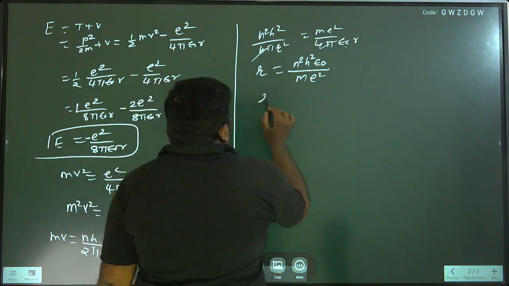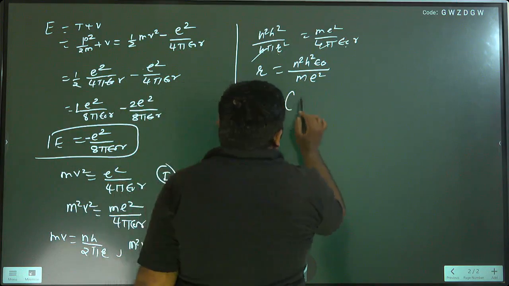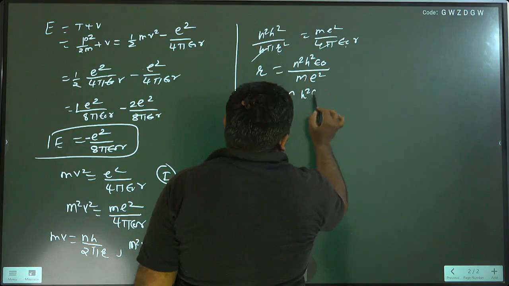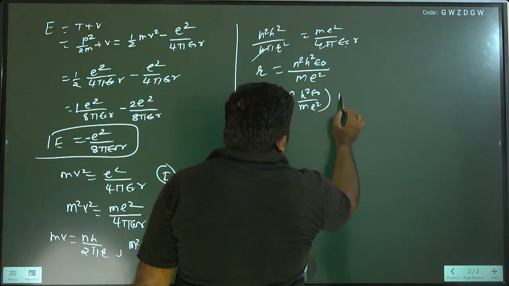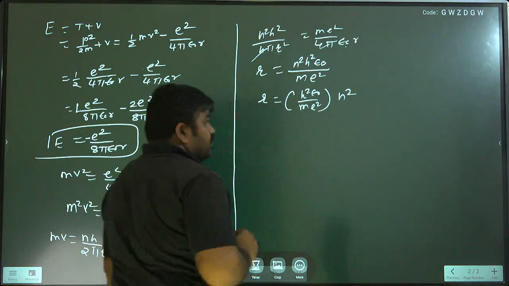Then r is equal to, yes, we can write like that, h square epsilon naught upon m e square, into n square.